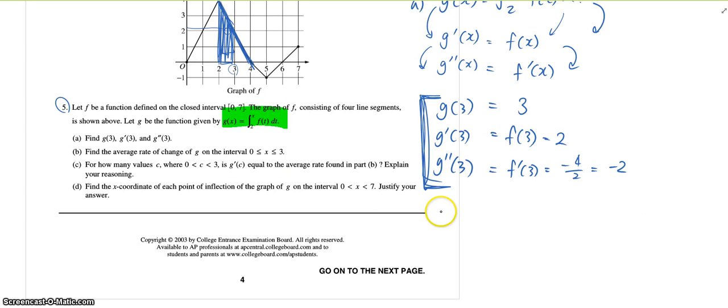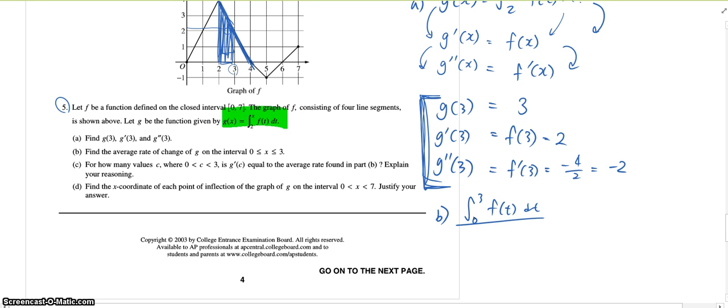Now we can move on to part B. We have to get the average rate of change of g on the interval from 0 to 3. The average rate is basically getting the area within that interval, the integral from 0 to 3 of f(t) dt, divided by the interval length, which in this case is 3 minus 0.